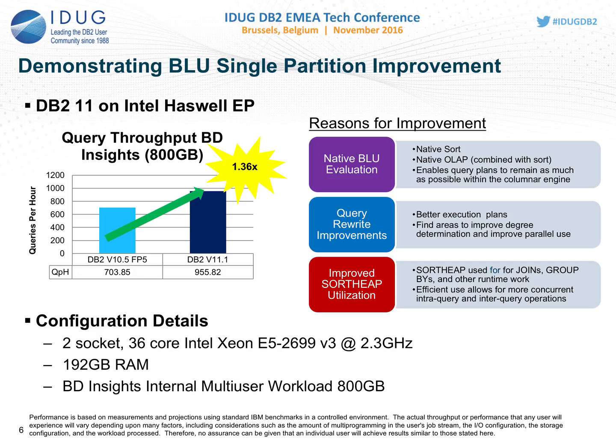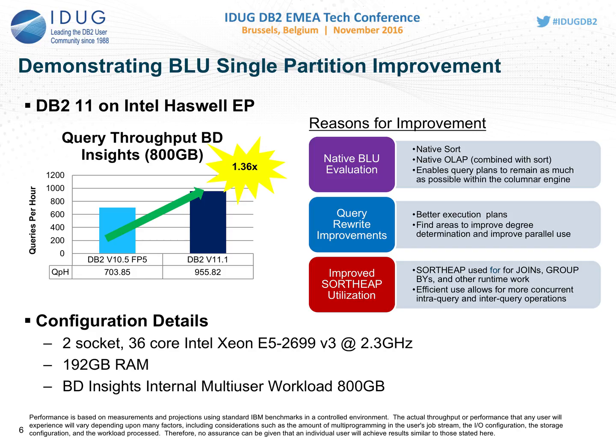Some queries have benefited from better execution plans and rewrites. And overall, the multi-user throughput has also benefited from the improved utilization of the sort heap. You can imagine if you have many concurrent users all competing for sort heap, it's important that each user allocates only as much sort heap as they really need, right, internally in Db2.